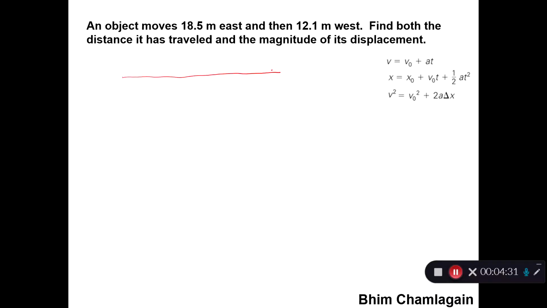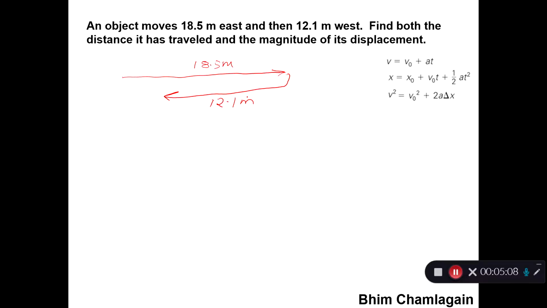It is moving along the east direction, which is positive, 18.5 meter, and then it returns back in the west direction, less than this value, which is 12.1 meter. Now it is asking what is the distance traveled and what is the magnitude of displacement.